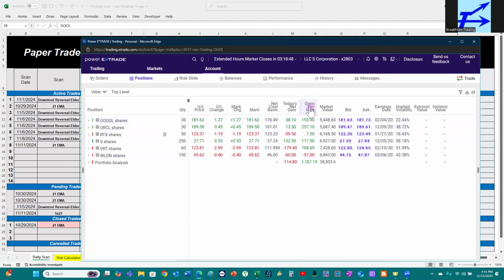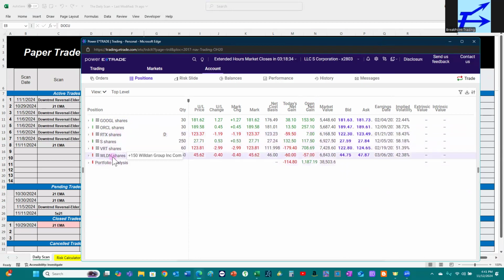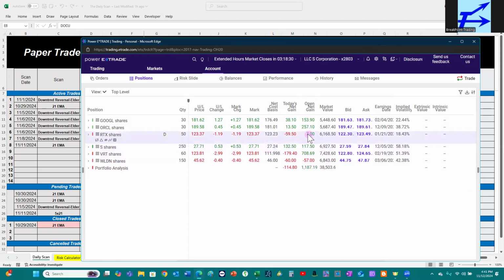As you can see, only one of them is negative so far. That's the one that we just added, which is kind of to be expected. This one here is Raytheon. We added that one just before WLDN. It was vacillating back and forth between positive and negative, and it ended positive for the day.